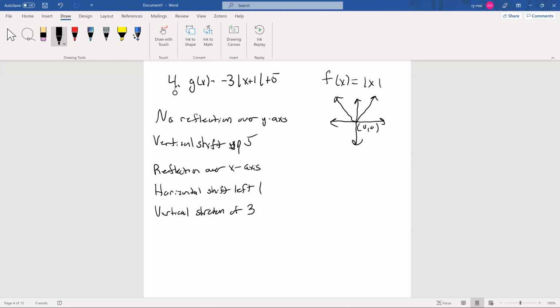And then no horizontal stretch, that would be if it's multiplied on the inside of the absolute value. So no stretch or shrink.